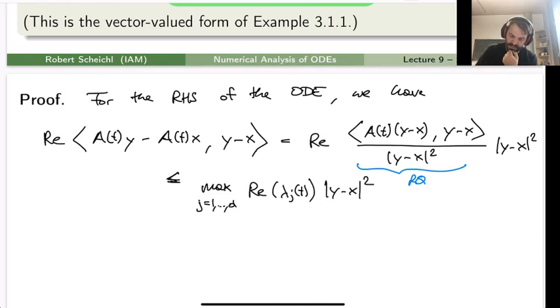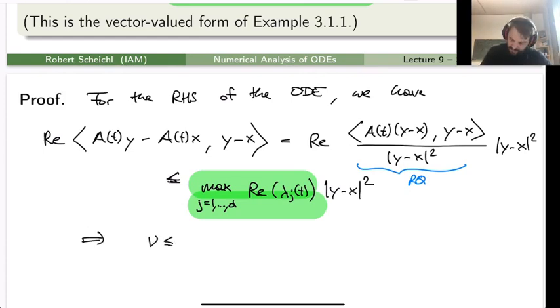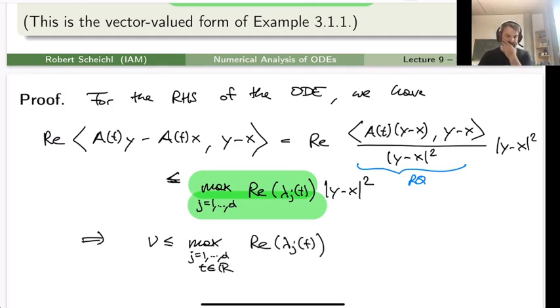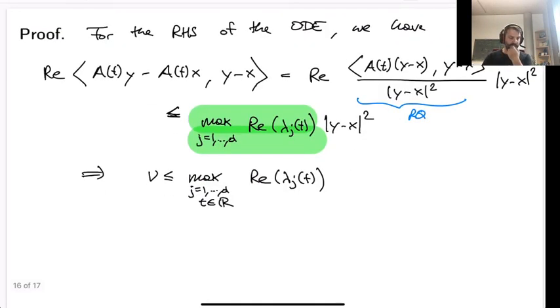And so this thing here would be precisely our nu. So this shows that nu is less than or equal to the maximum over j equals 1 to d, over all t in R, of the real part of lambda j of t. So we have at least that nu is less than or equal to this.